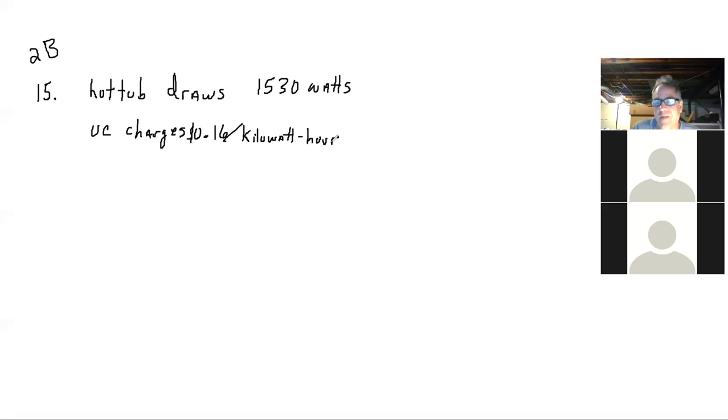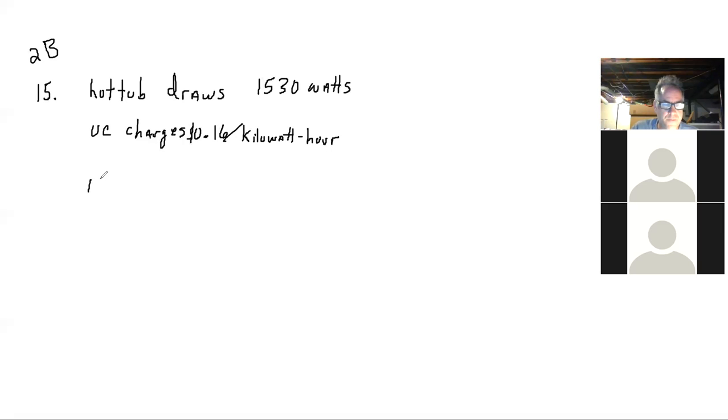So I need to figure out how many kilowatt hours I'm going to use, and then I can multiply that by my 0.16. So I need a conversion chain here that is going to leave me with kilowatt hours.